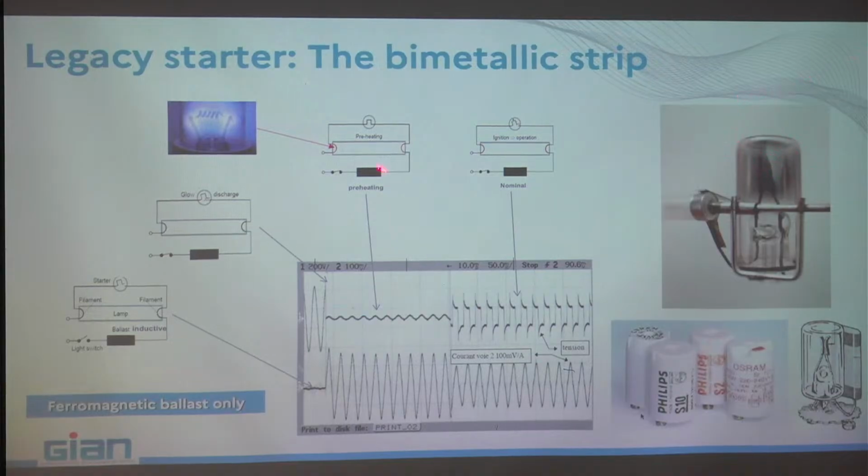And when you have the spark here, you close that circuit, and then one part of the bimetallic stripe will heat up due to the plasma, will change form and will touch the other electrode.